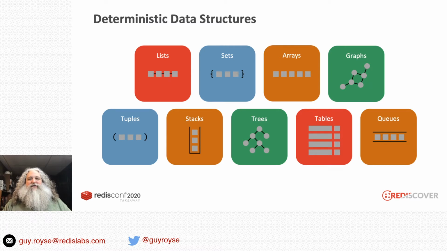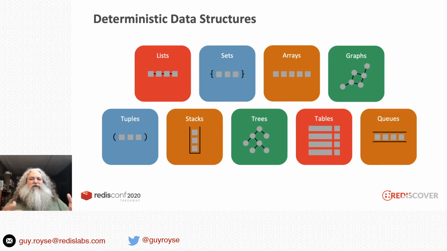You've got sets, arrays, graphs, tuples, stacks, trees, tables, queues. If you've taken computer science, you've probably had to build these in C++ at some point in your career or in your education. I actually started out fairly early in my career doing a lot of C++, and there weren't shared libraries like there are today, and so every time I got on a project, we had to create our own linked lists and sets and hash tables and that sort of stuff.